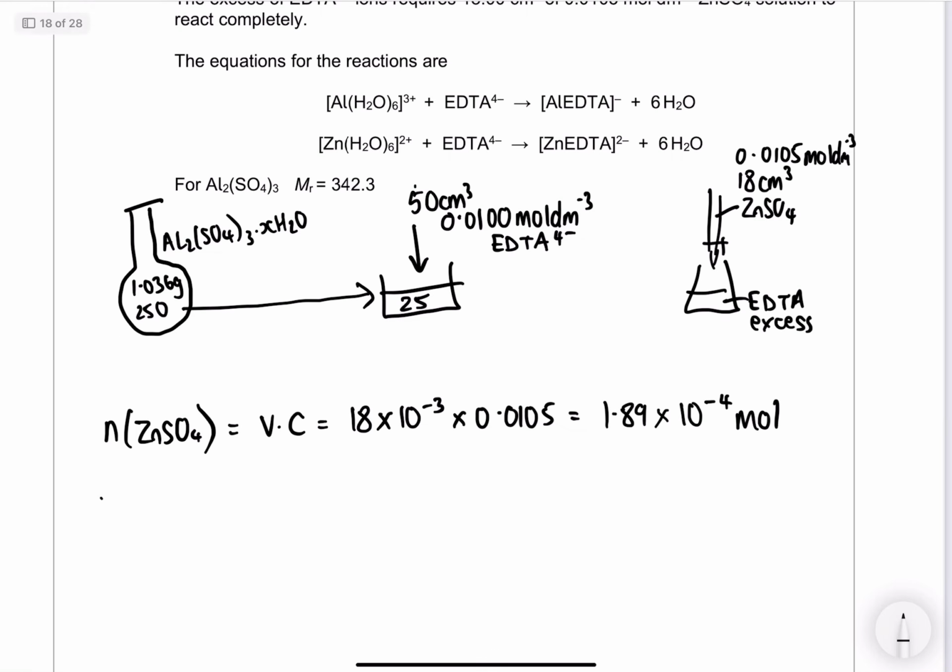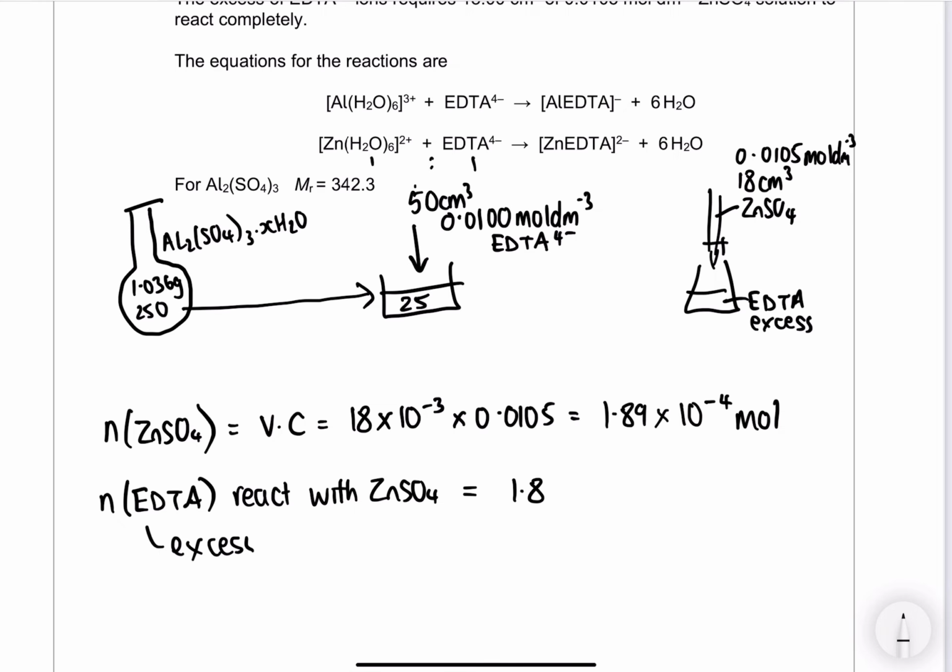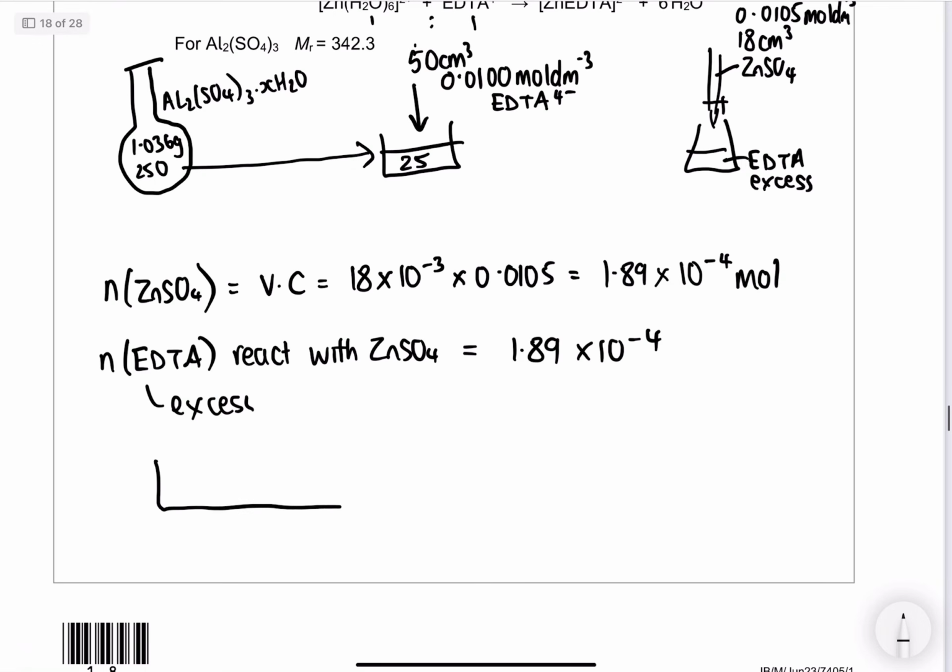Looking at the equation, the number of moles of EDTA that reacted with ZnSO4, i.e. the excess EDTA, the ratio is 1:1. That's 1.89 times 10⁻⁴.